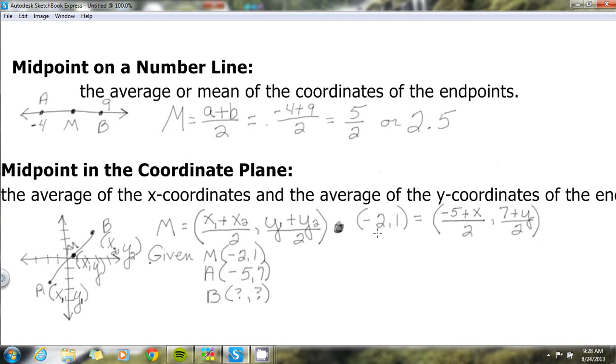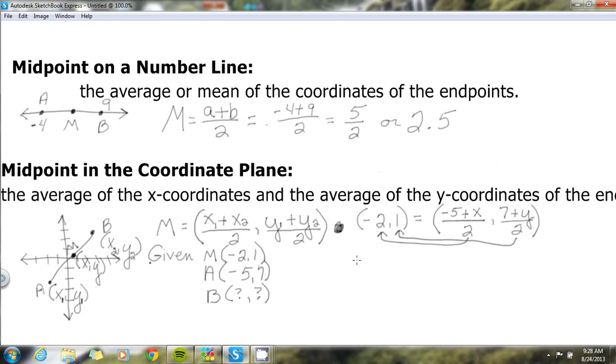Now, we need to separate these two in order to solve. We need to find our x-coordinate using this information and our y-coordinate using this information.